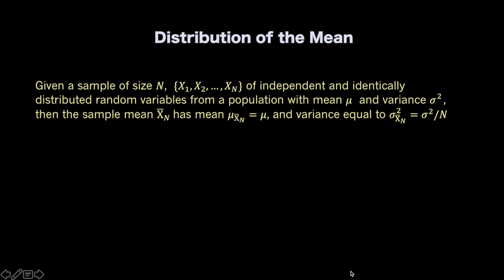So the larger the sample, the smaller the variance of the distribution of the sample mean.